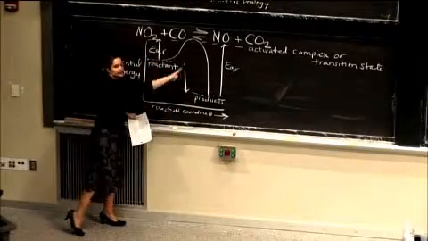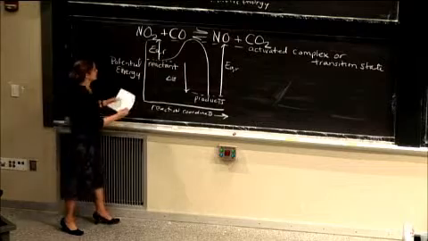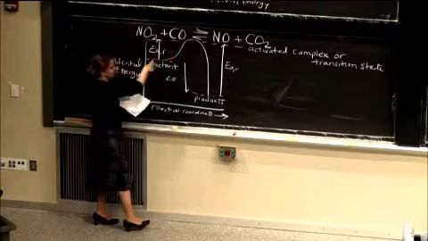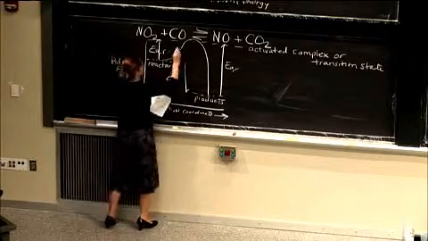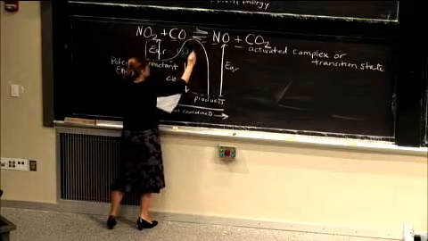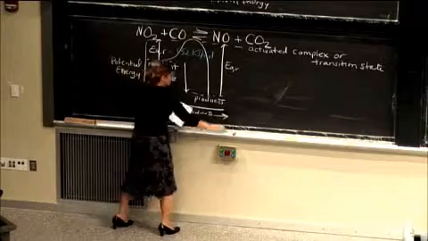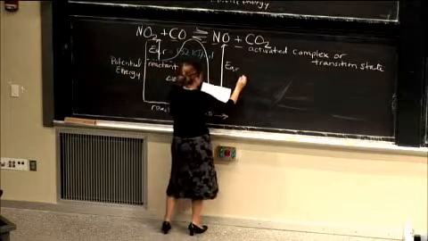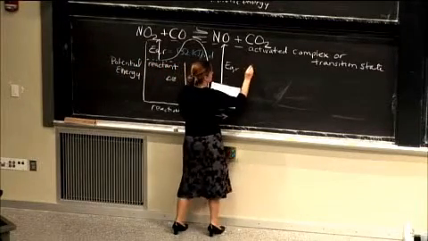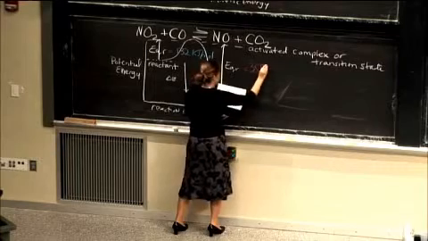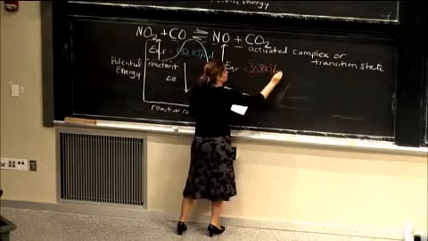We can look at the individual numbers involved. In this particular case, there's an activation energy for the forward reaction of 132 kilojoules per mole. And there's an activation energy for the reverse reaction of 358 kilojoules per mole.